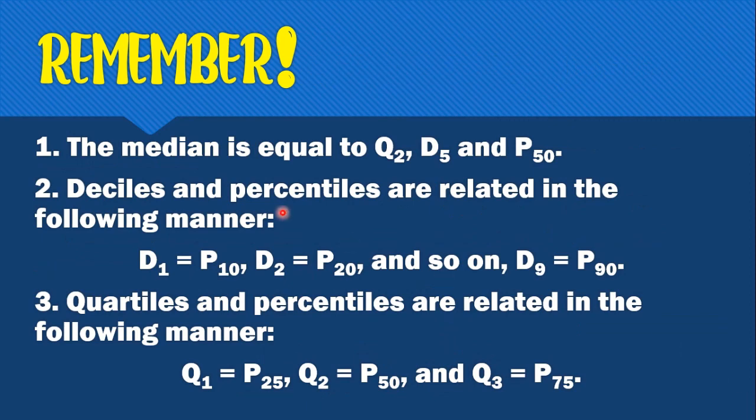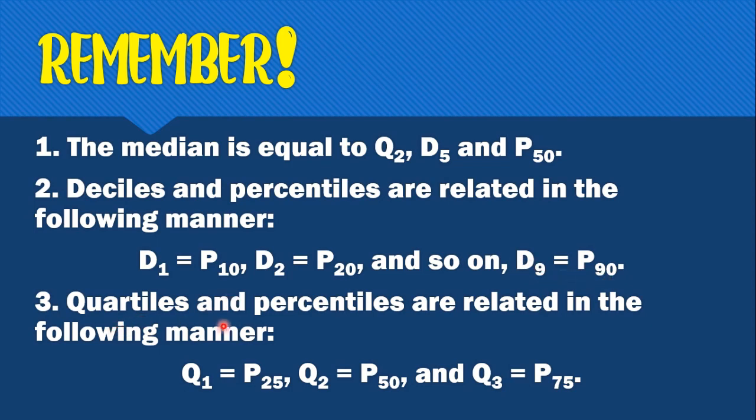Remember, the median is equal to Q sub 2, D sub 5, and P sub 50. Deciles and percentiles are related in the following manner. We have D sub 1 is equal to P sub 10, D sub 2 is equal to P sub 20, and so on, as we have D sub 9 is equal to P sub 90.